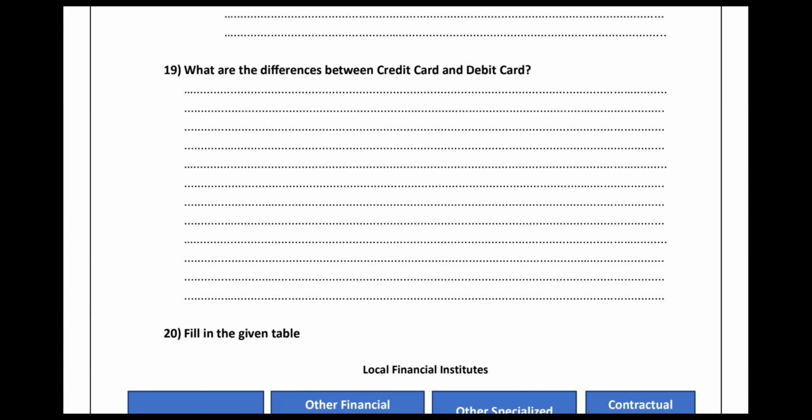Okay. And the next one is, for credit card, annual fees are high. Write it down. Annual fees are high for credit card.